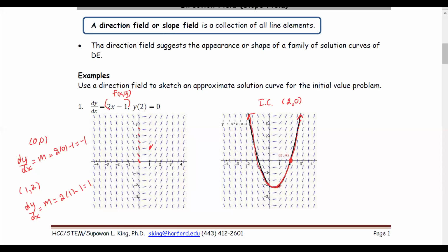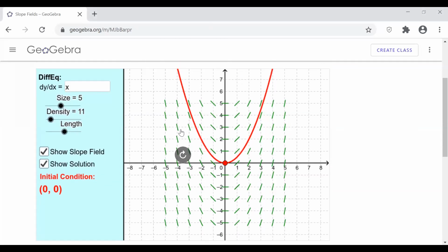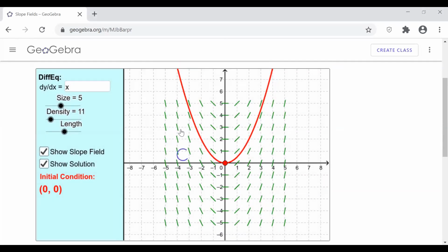Let's look at a web-based slope field generator. GeoGebra is one of the web-based tools that you can use to generate the slope field of differential equations. For example, dy/dx equals 2x minus 1.